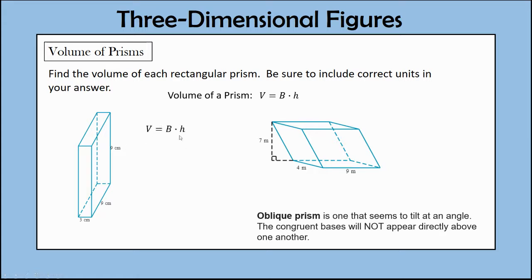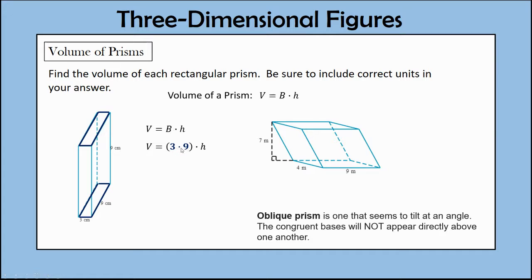All right, let me show you. I always start with the formula. Volume equals area of the base times the height. The base shape, the way this thing is sitting, are these two rectangles, top and bottom. Those rectangles are 3 by 9. How do you find the area of a rectangle? Length times width. So my area of my base shape is 3 times 9.